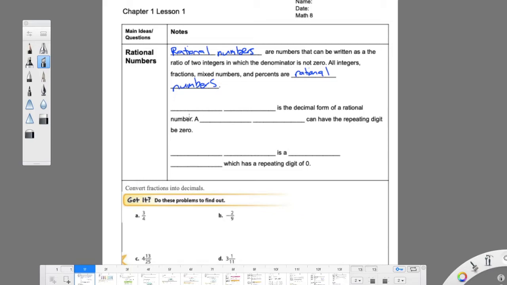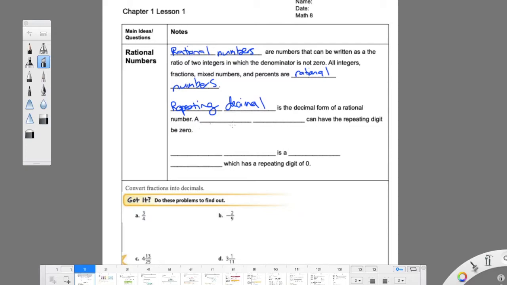If you're a part of a Google Classroom, it may also be on the Google Classroom as a digital format, but in this case, what they're talking about is a repeating decimal. Oops, I spelled that wrong. Repeating decimal. All right, so repeating decimal is the decimal form of a rational number.